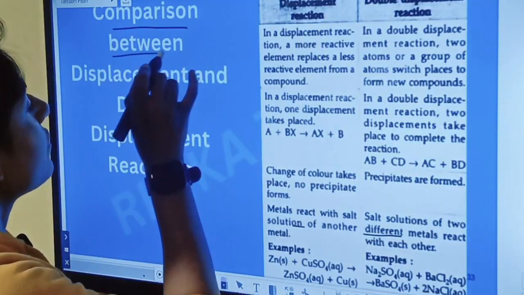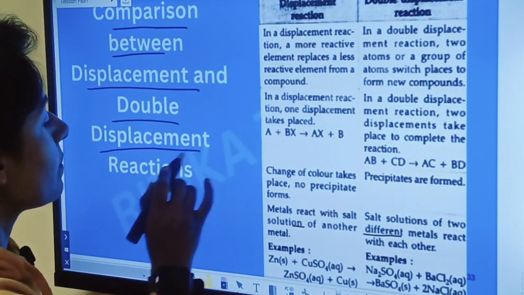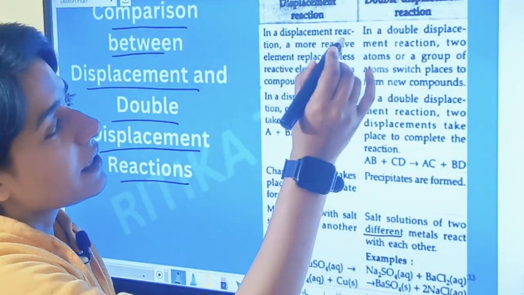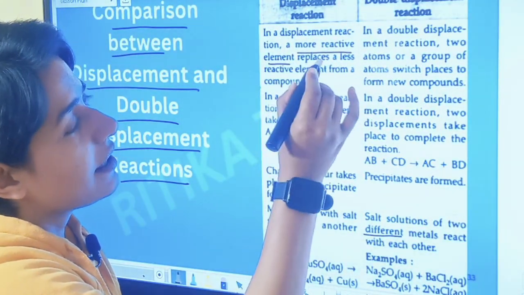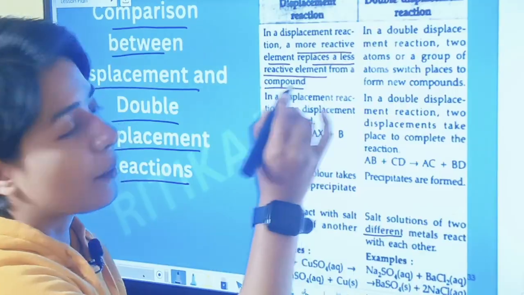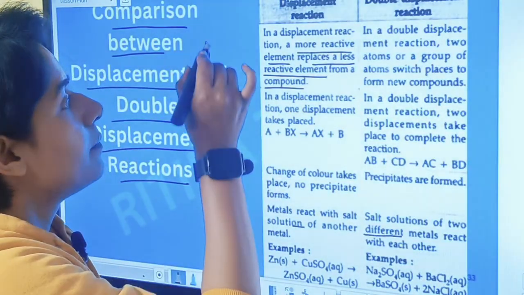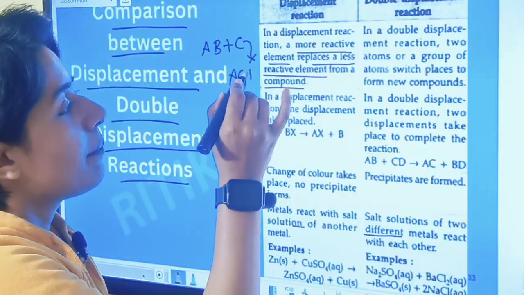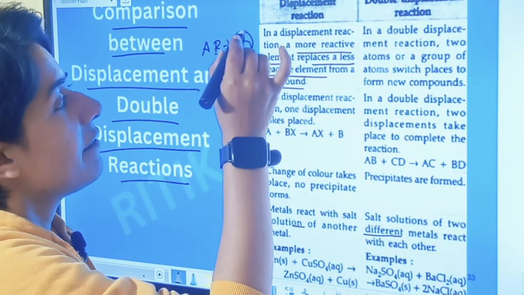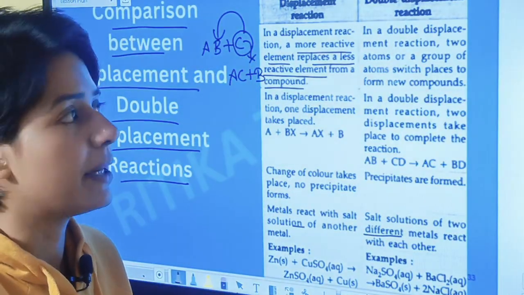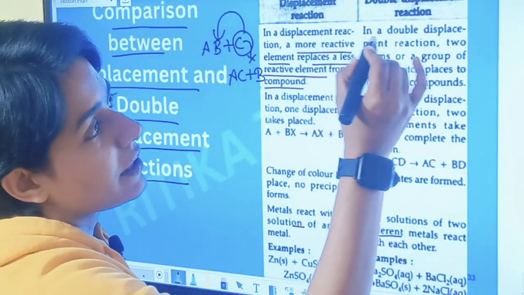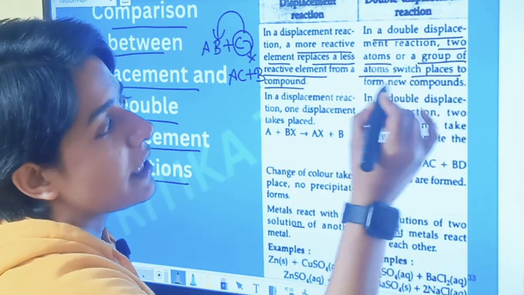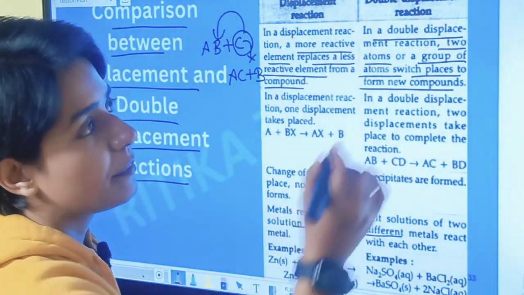A simple comparison between displacement and double displacement reactions. In a displacement reaction, a more reactive element displaces a less reactive element from a compound, that is, AB plus C forms AC plus B. In a double displacement reaction, two atoms or groups of atoms switch places to form new compounds.